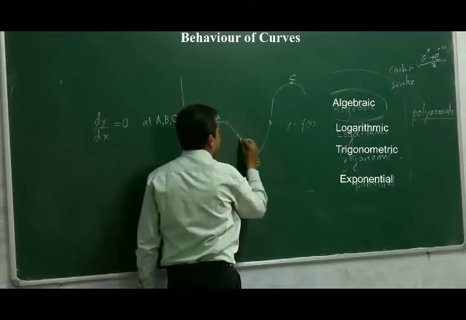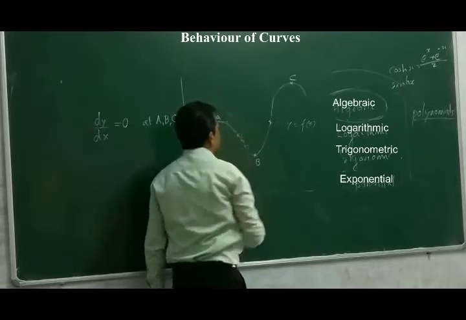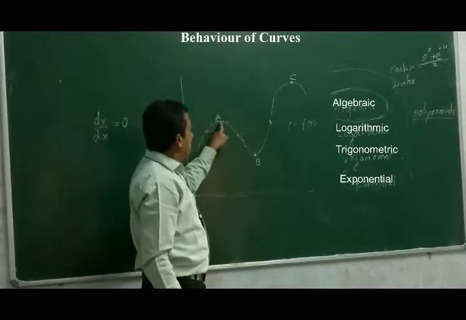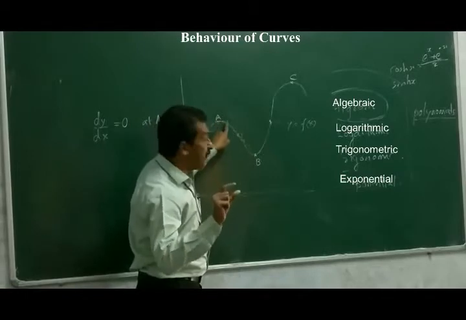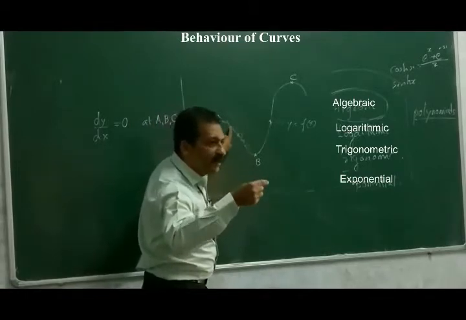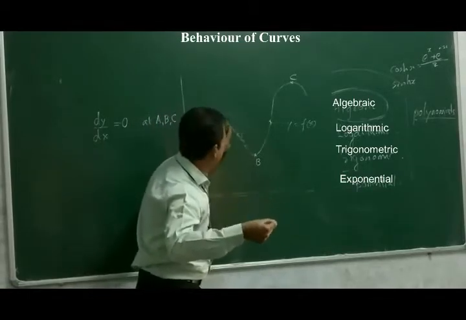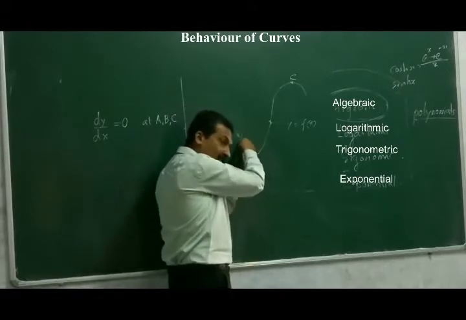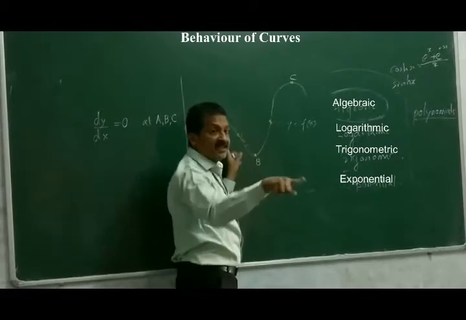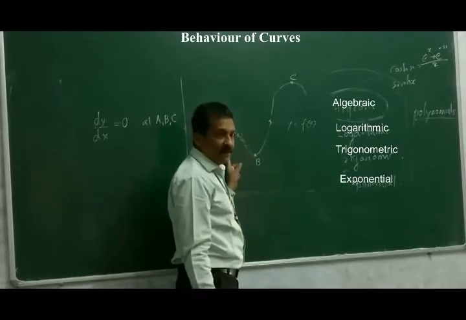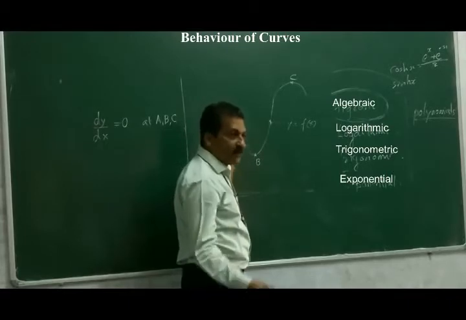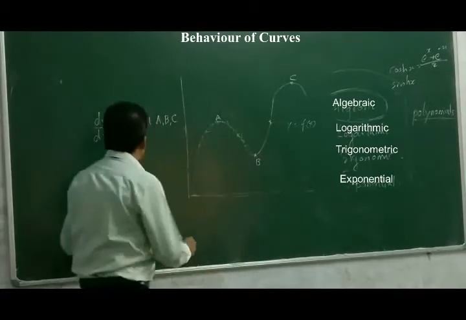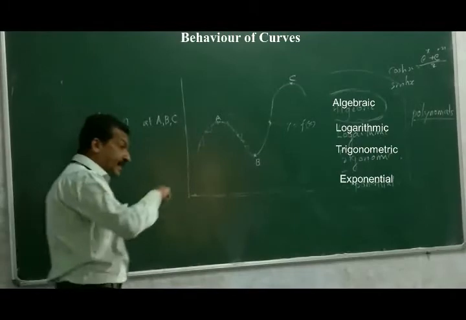Now, what happens from here onwards? 0, mild negative, little more negative, more negative. Now, these are all negatives, but the rate at which that negativity changes has changed.